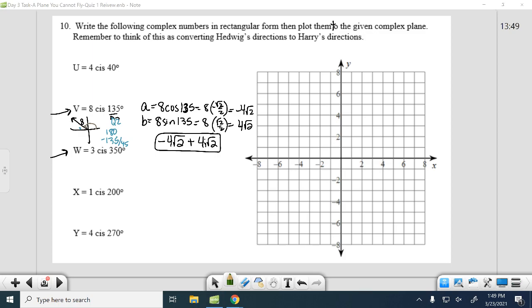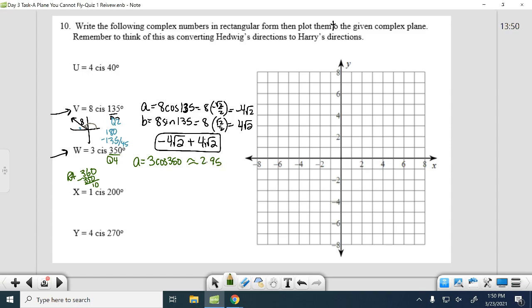All right, let's take the shortcut for W. W is 3 cis 350. Oh, goodness, we've already done this one with 350 a couple of times. So in this case, we are in quadrant 4. If you wanted to find your reference angle, it would be 360 minus 350, which gives you 10. But in that case, you've got to remember what's positive and what's negative in quadrant 4. To find our a value, it is the r value, 3 multiplied by cosine of theta. 3 multiplied by cosine of 350 is approximately 2.95.